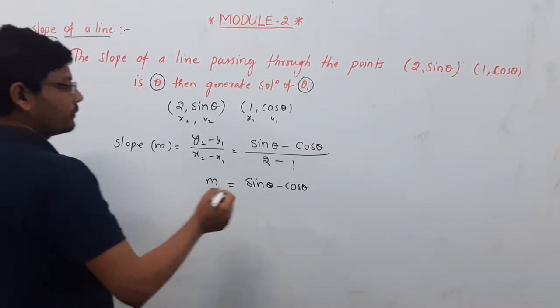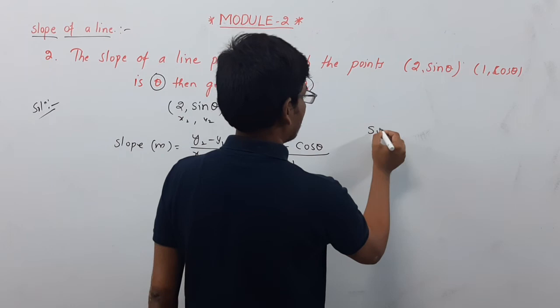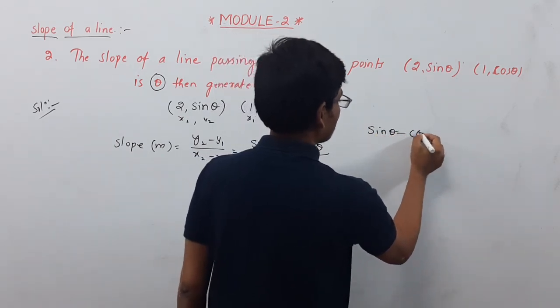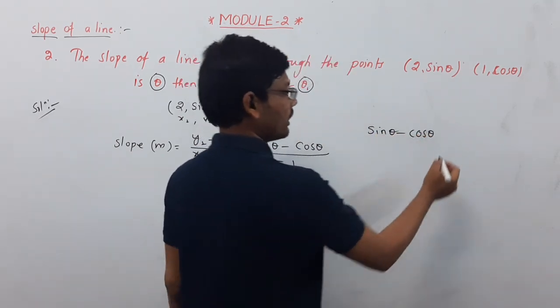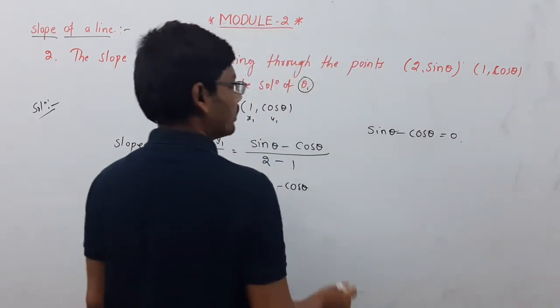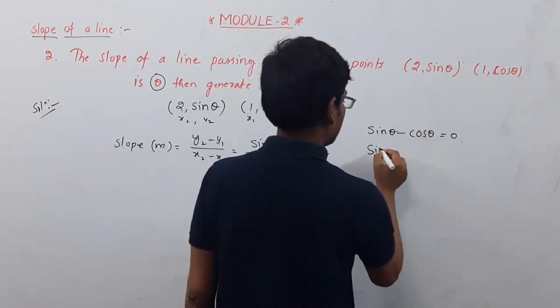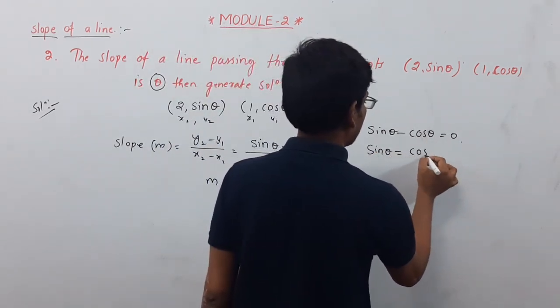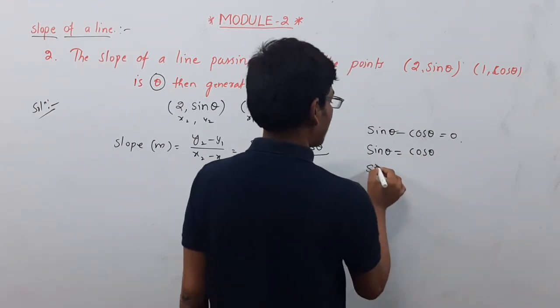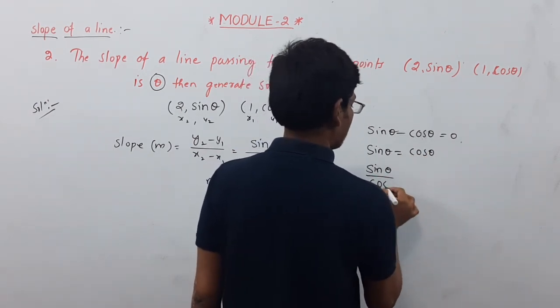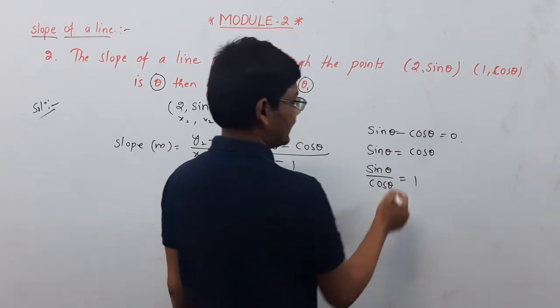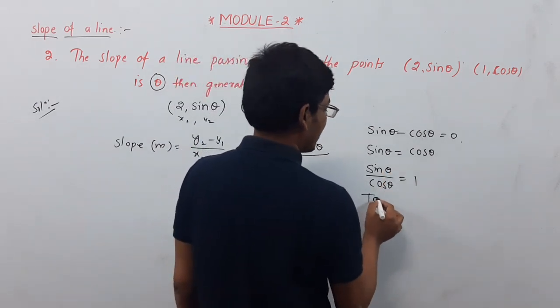And here I am writing sin theta minus cos theta is equal to 0. So if you send this to the other side, sin theta is equal to cos theta, then sin theta by cos theta is equal to 1. So sin theta by cos theta is nothing but tan theta.